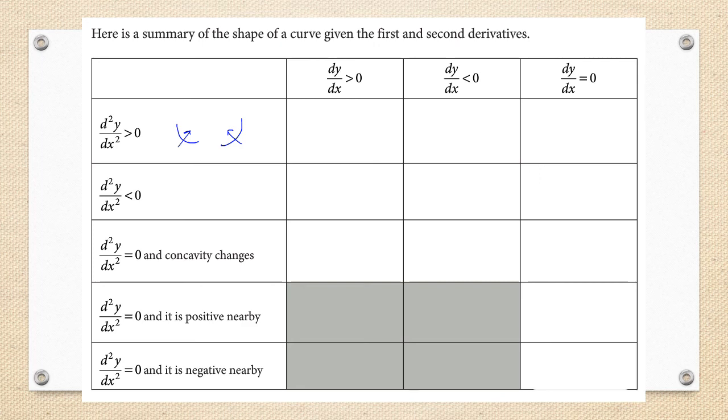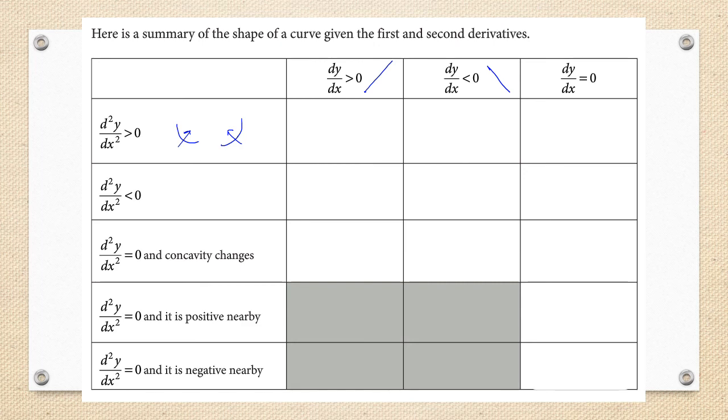To identify which one is which, we have to look at the first derivative, which tells us the gradient. For a positive gradient, you have a gradient like this. For a negative gradient, you have a gradient like this. Which one of these will give you a positive gradient?